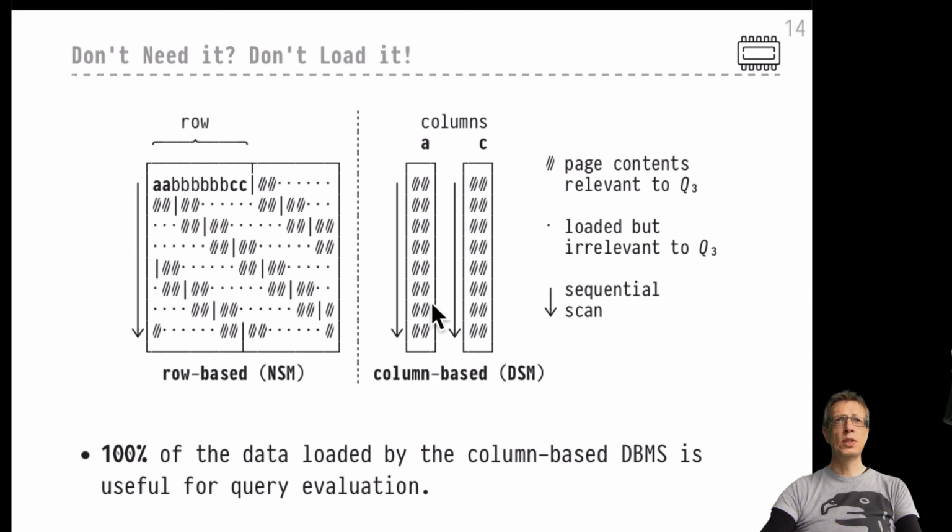All the bits that we are scanning here from top to bottom in the A and the C columns are really relevant. So only these shaded parts here in these A and C columns, nothing irrelevant has been brought in. The CPU will scan over this piece of memory and will only find relevant bits that are used in actually answering the query Q3. 100% of the data loaded is really relevant.